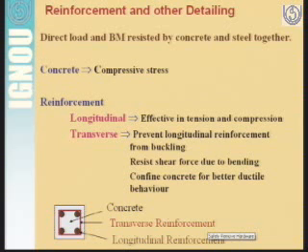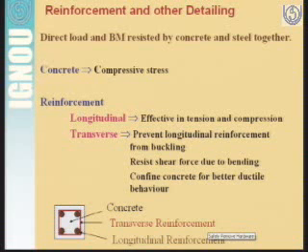In the general case, these loads and bending moments will be resisted by concrete and steel together, because we are providing an RCC section.